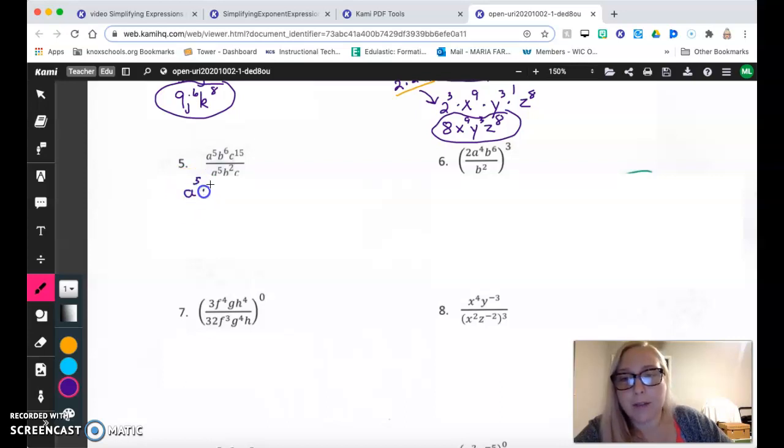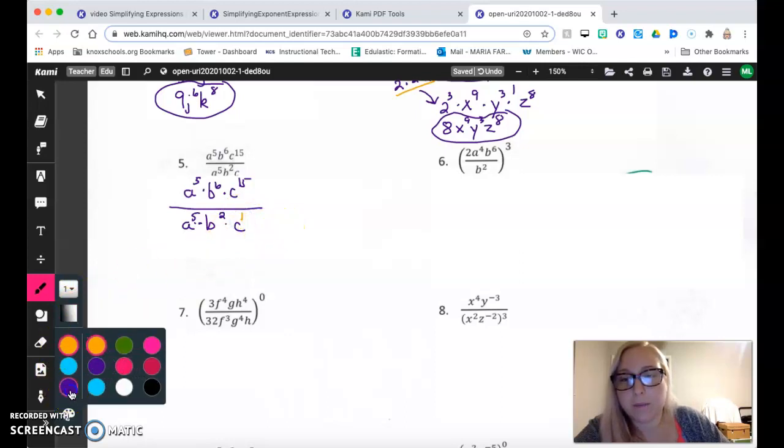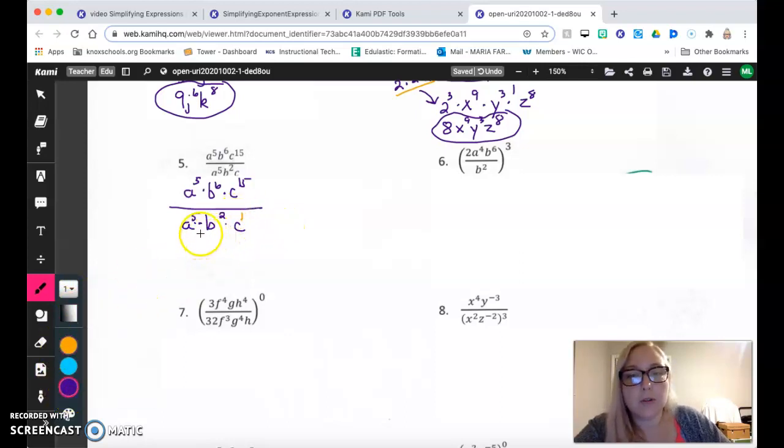We have a to the 5th, b to the 6th, c to the 15th, and that's being divided by a to the 5th, b to the 2nd, and times c. Remember, if we have a variable without an exponent, that means there's an invisible exponent of 1. So our quotient rule says that we're going to keep our base and subtract our exponents.